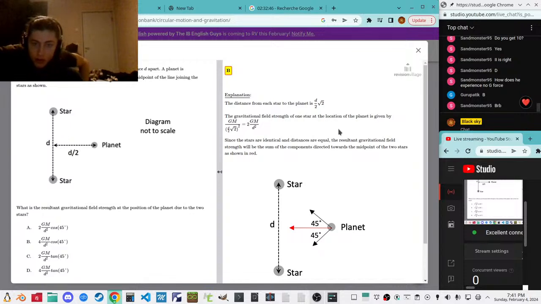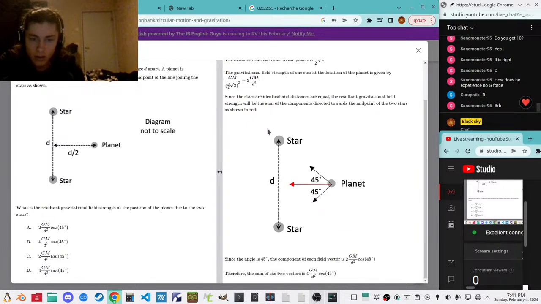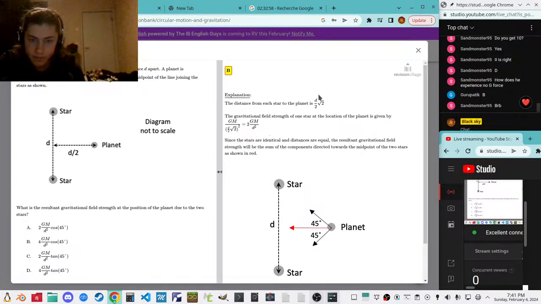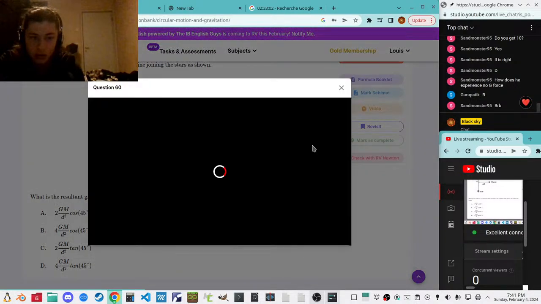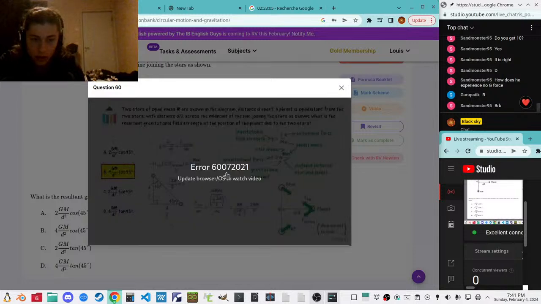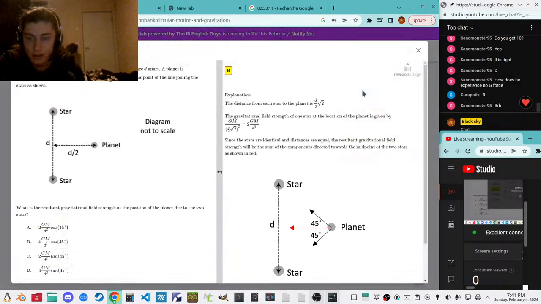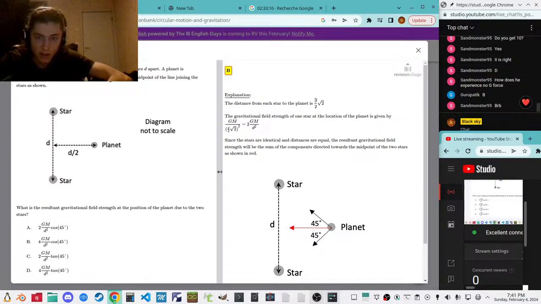The distance from each star to the planet is, where did you get that from? Let's see this video. The distance from each star to the planet is d over 2 root 2.